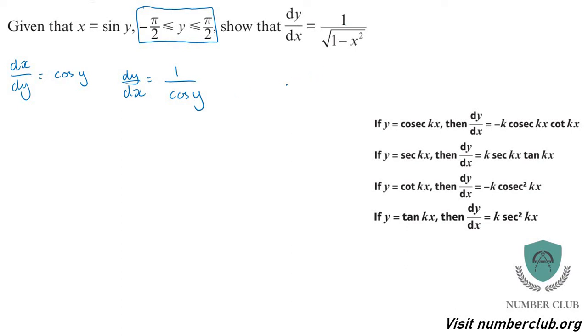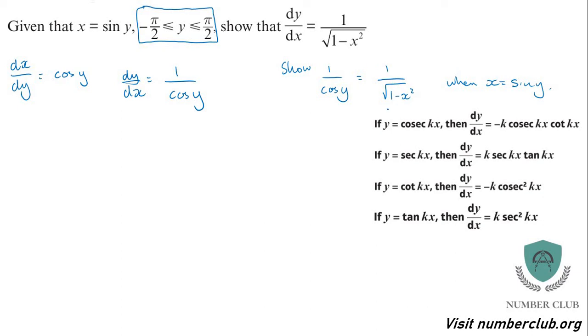So essentially the majority of this question is to show that 1 over cos y is equal to 1 over the root of 1 subtract x squared when x equals sine y. And we've got to work on the left hand side, we have to. We can't just use this bit here, even though we're tempted to.